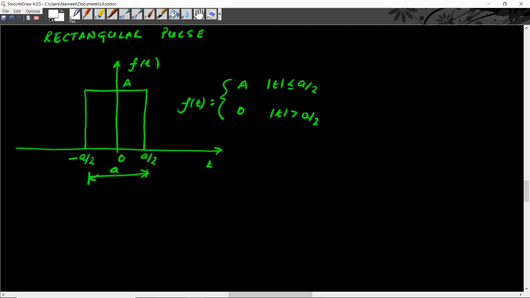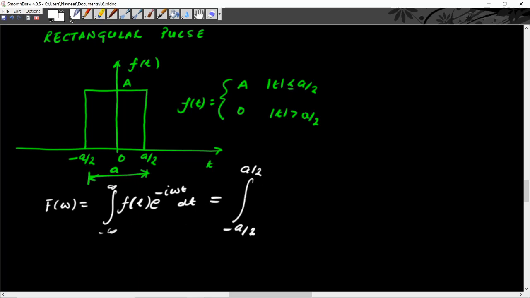The Fourier transform for this function is given by this integral, and because f of t takes a constant value between this interval minus a by 2 to a by 2, we can write this integral as the constant value capital A times e to power minus iota omega t dt.